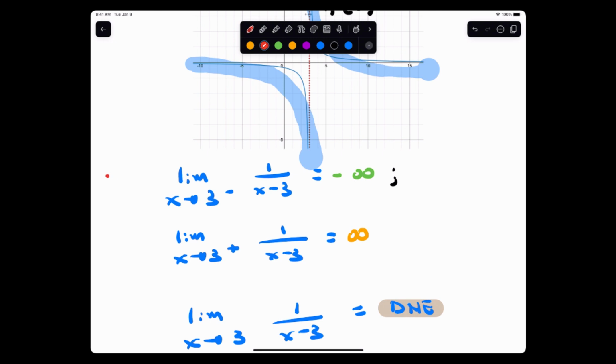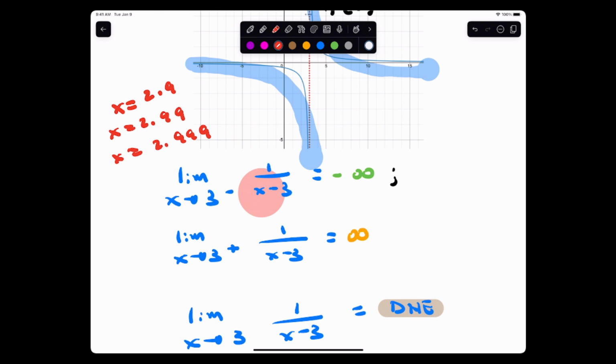You might start to use x being what? 2.9. And I think your book will say try x is 2.9, 2.99, and what else? 2.999 type of thing. You're going to plug that in where? Down here for x. Those are all numbers to the left, and they're getting closer.